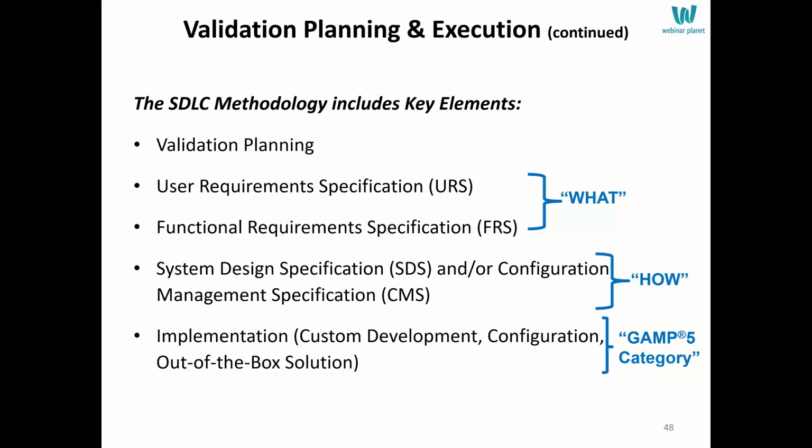So one URS will have one or more FRS elements, and that defines what the system purports to do. Now, there's also a system design spec for coded software and a configuration management spec if there's configurable functionality in your software. Those are solutions. Those tell you how the requirements are met.